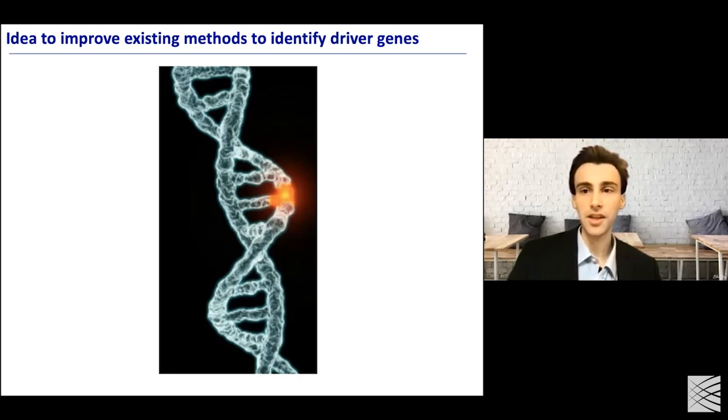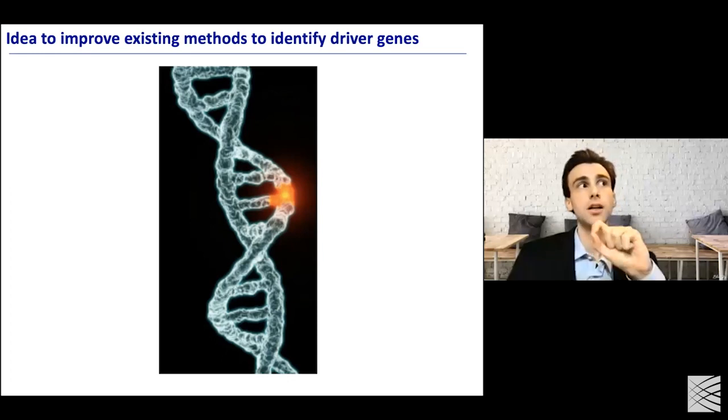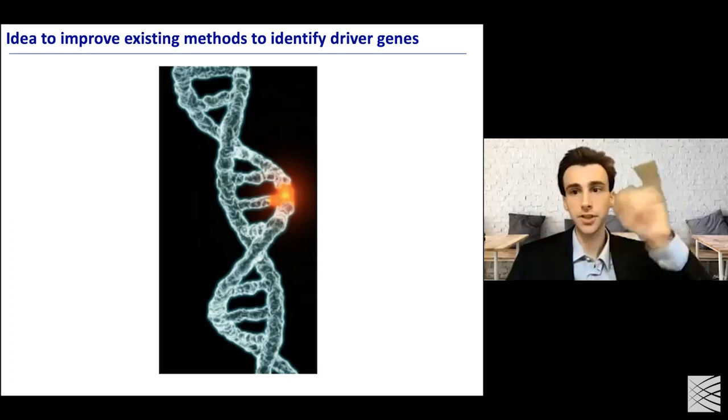One thing we used for benchmarking our model was classical or traditional lists of known cancer genes, like the Cancer Gene Census list, and you look at whether those genes tend to be among the top hits of your significance.